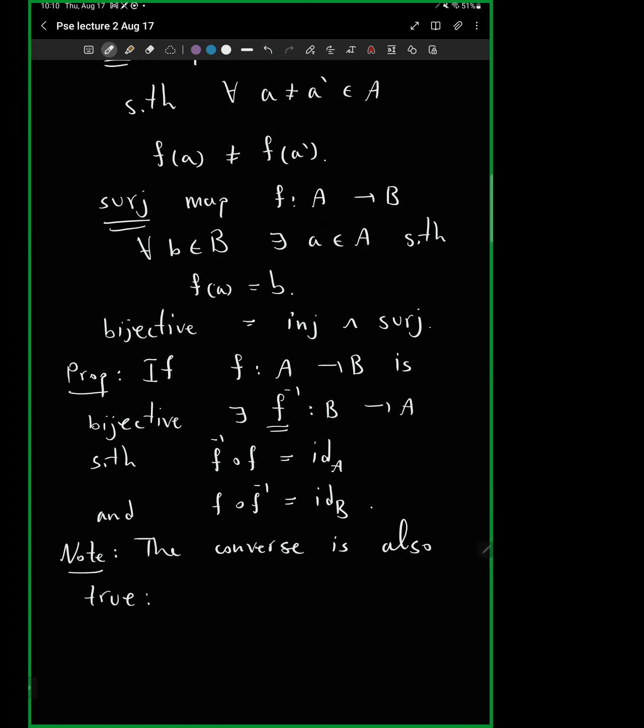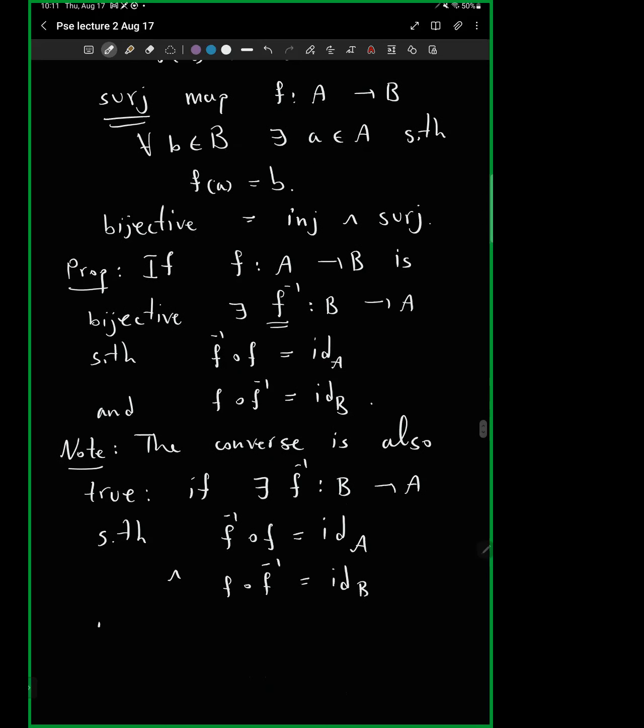That is, if there exists f minus 1 from B to A such that f minus 1 composed f is the identity of A, and f composed f minus 1 is the identity of B, then f is bijective.